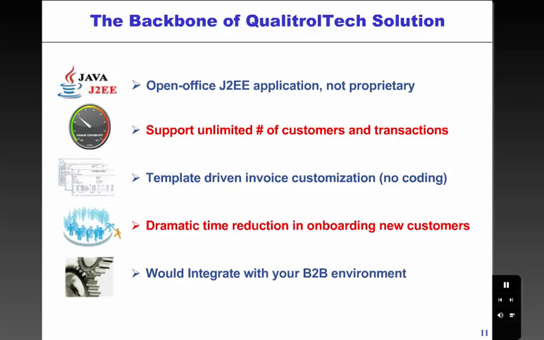And again, Keith will give you a look into that with our current customer. This basically protects your B2B growth. It would be template-driven and not require any special coding expertise. It would be designed with an eye on improving customer onboarding and would easily integrate with any existing B2B platform that you might have now or into the future.